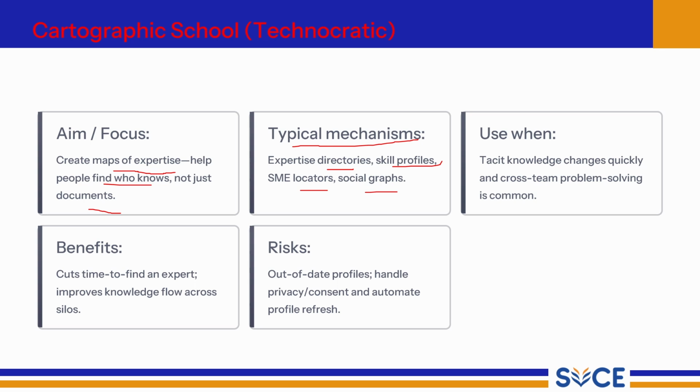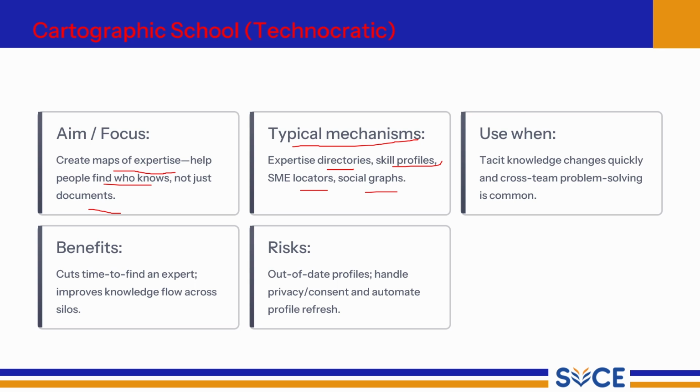These tools, like expert directories, skill profiles and even social graphs, show who knows what inside the organization, a knowledge GPS. When do we use the cartography school? When tacit knowledge changes quickly and cross-team problem solving is common.